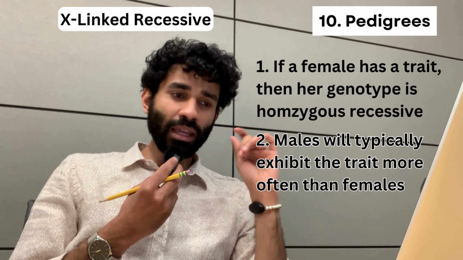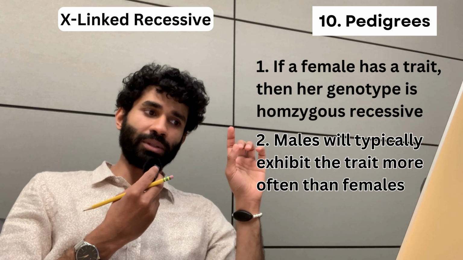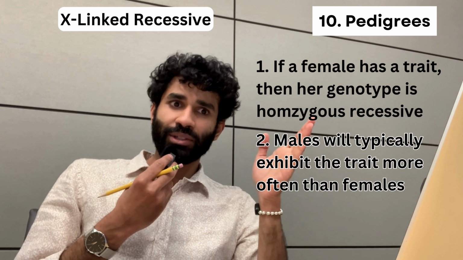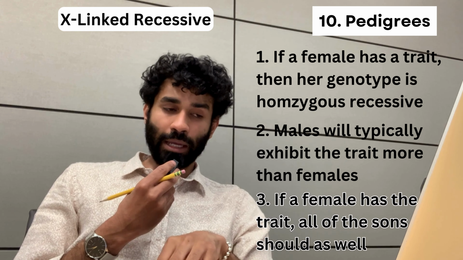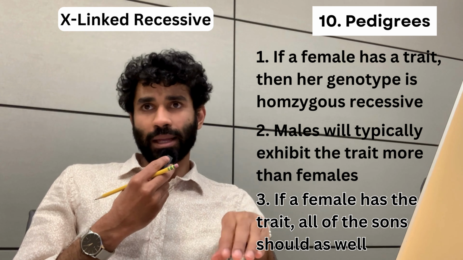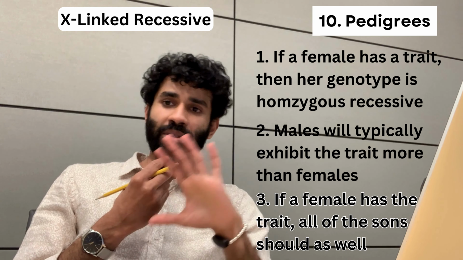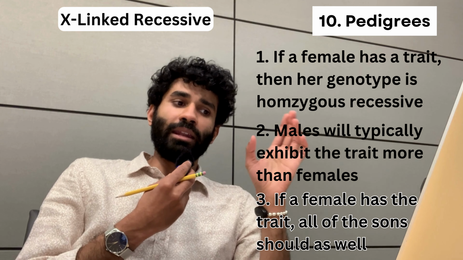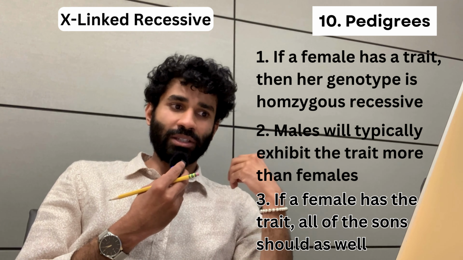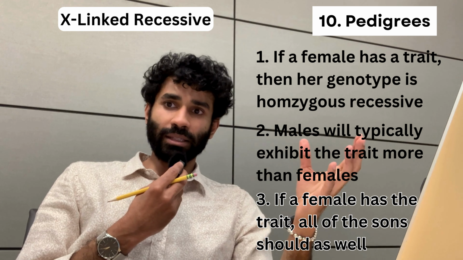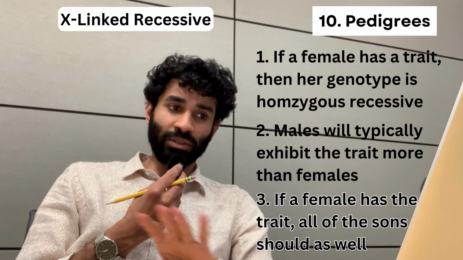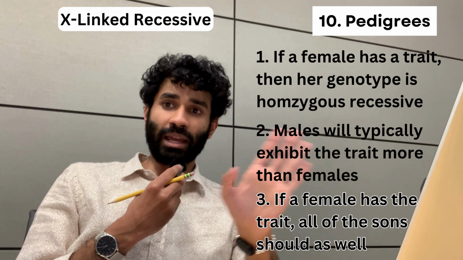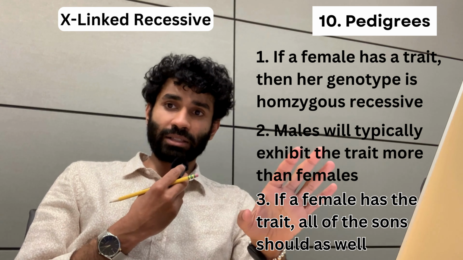And the last thing you should look out for is that if a female has the trait, all of her sons should have the phenotype. And that's because the sons get a Y from dad, but they always get an X from mom. And if a mom has the trait, that means that she's homozygous recessive, has both alleles that are recessive, and she's going to give a recessive allele to all of her sons, because the sons get a Y from dad and then the X from mom.